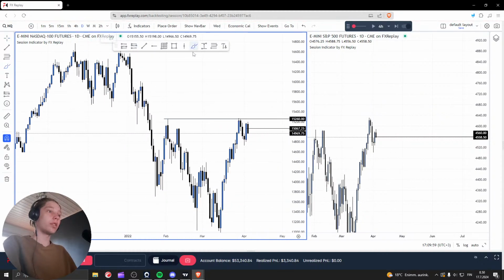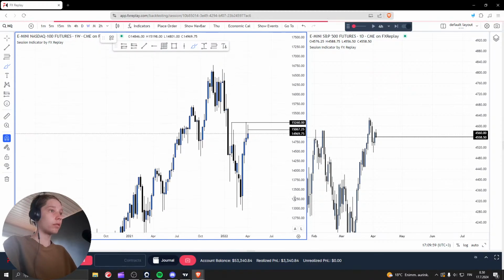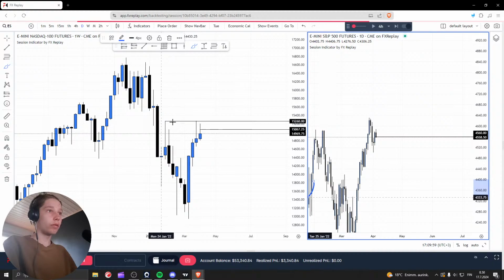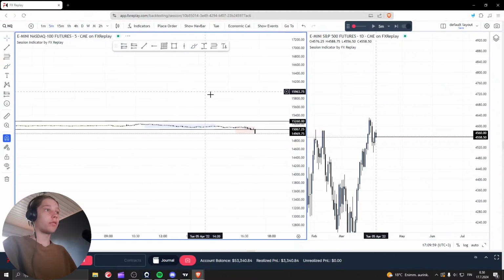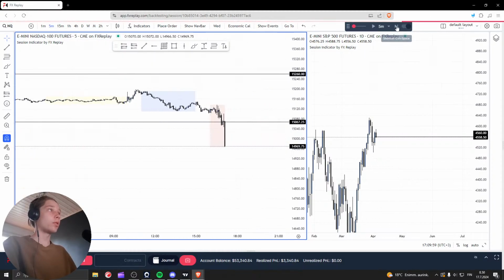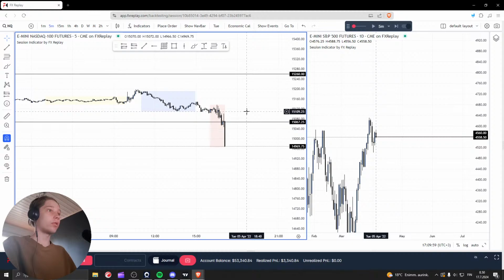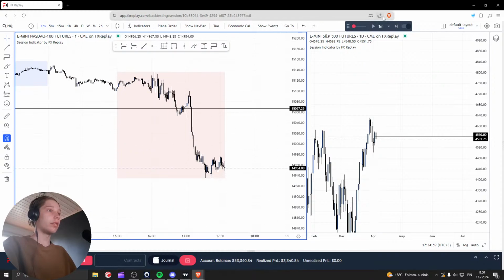I would think that the buy model would be completed in weekly when we get a proper sweep of that high. So I'm still thinking longs. I want to see some nice wicking here. Okay, we don't see any of that, so I think this day is done.